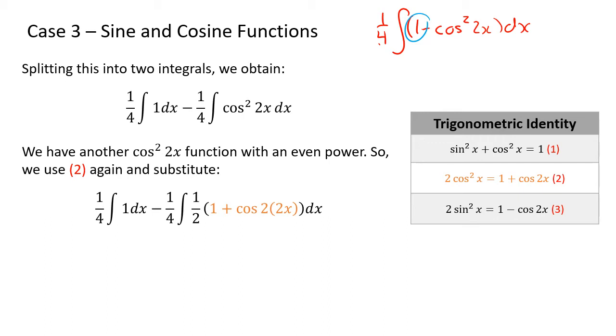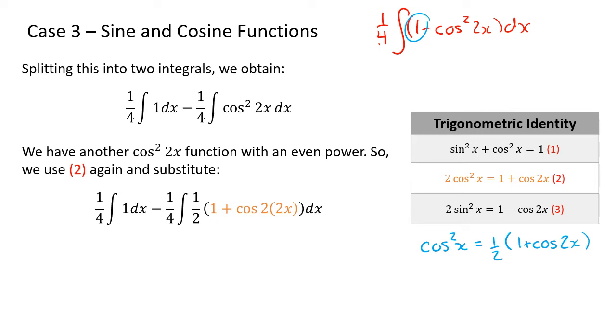So now with that, you can see we're starting to get to easier integrals. The integral of 1 dx is an easy integral. The second term, in order to get it to that, we have to use the same trig identity that we used here, the 2 cosine squared of x equals 1 plus cosine of 2x. In this case, remember when we had it written, we had cosine squared of x equal to 1/2 times 1 plus cosine of 2x.